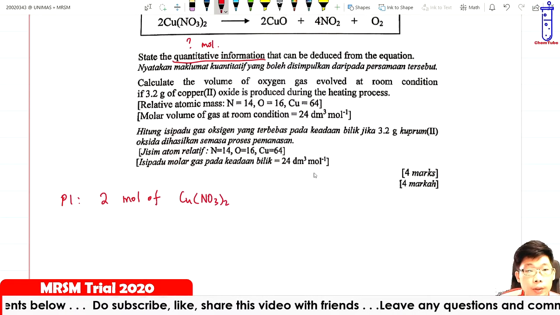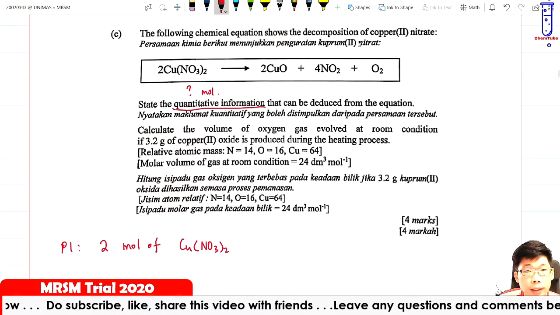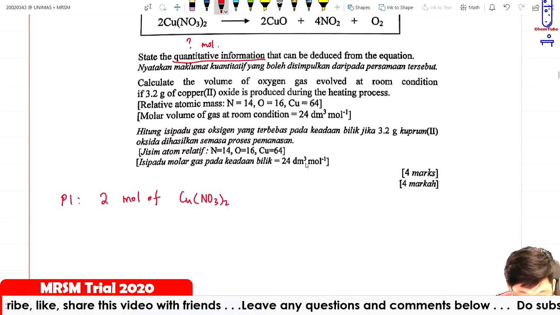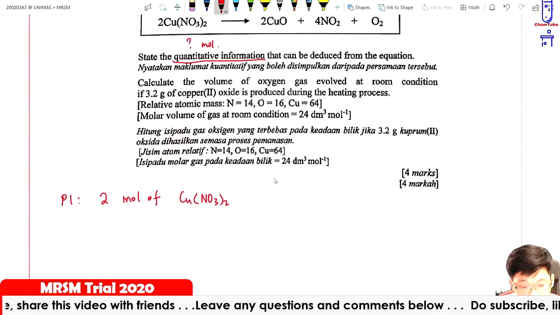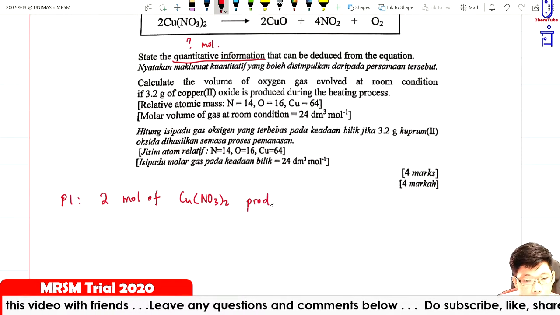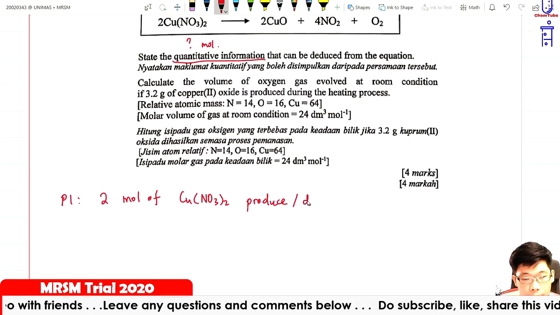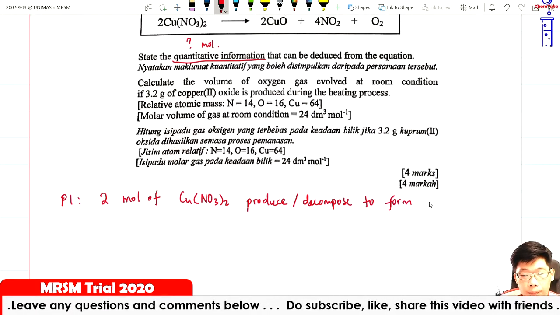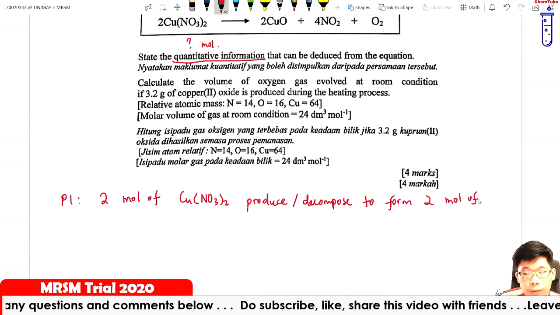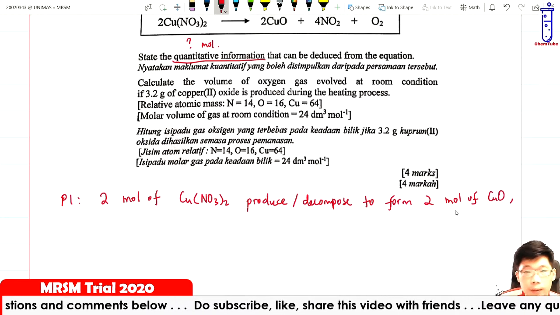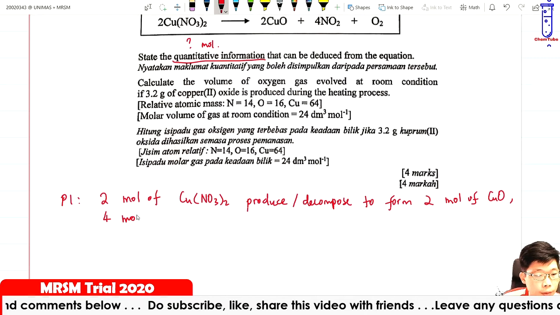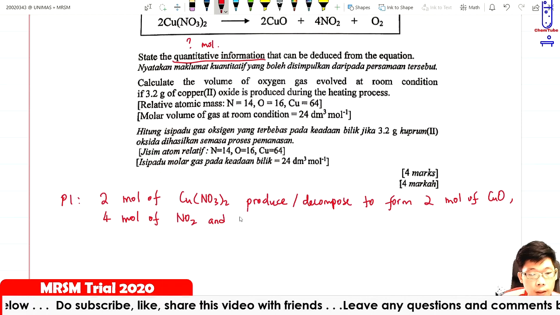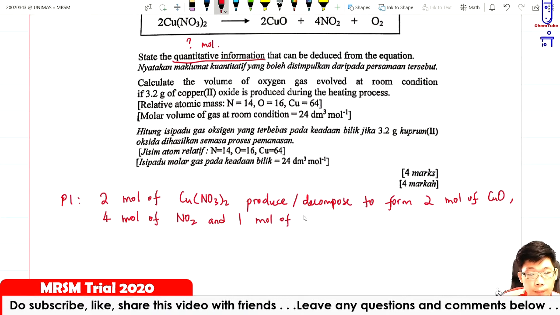Decomposition, you can just write produce, or you can mention decompose to form 2 mole of copper 2 oxide, 4 mole of nitrogen dioxide, and 1 mole of oxygen.